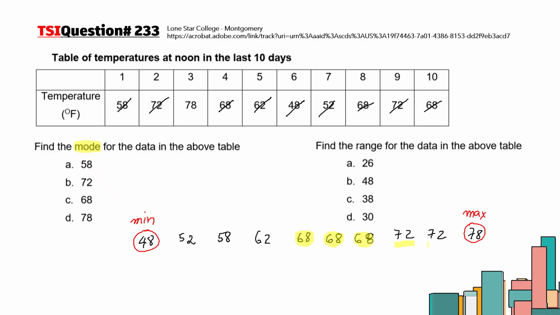See that we have 72 twice, but the highest frequency is 68, for 3 times. Okay, so the correct answer is 68.